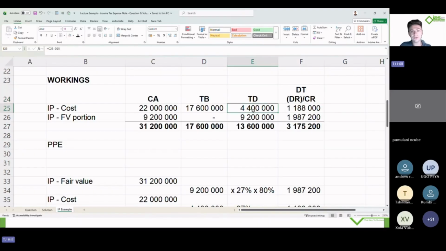Is the temporary difference taxable or deductible? If it is a plus, it is taxable, which means it's a liability. If it is a minus, it is deductible, which means it will give rise to a deferred tax asset. Are you with me?